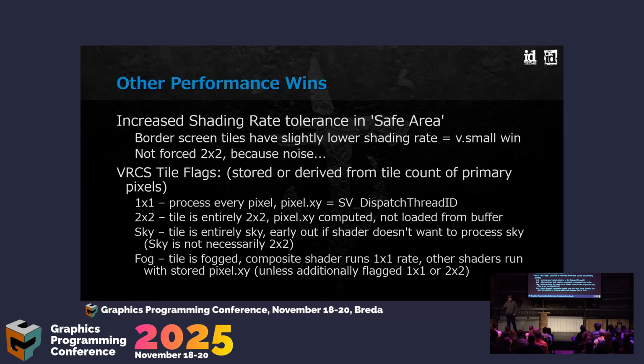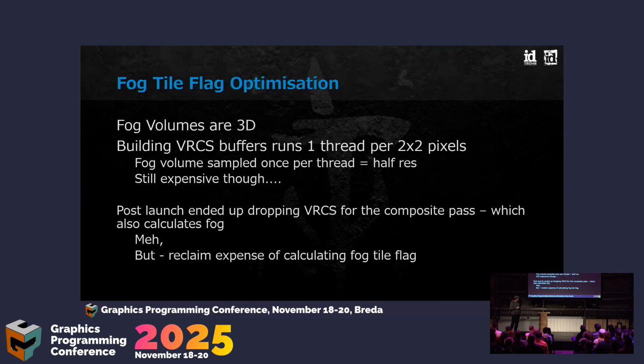And as Philip mentioned, originally in the composite pass, we were running VRCS, and we wanted to know whether that tile was fogged because we had a problem with fog. So if it was fogged, we would run 1x1 rate. If it wasn't fogged, we'd run whatever else was specified on the tile. Computing whether a tile was fogged or not was quite expensive.